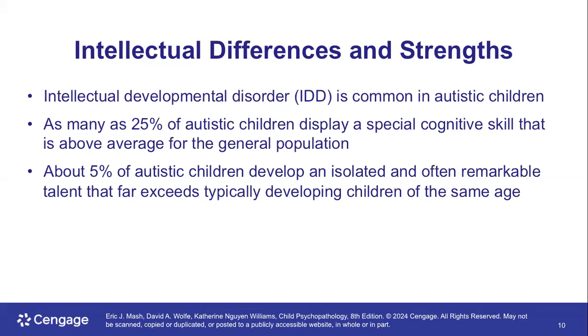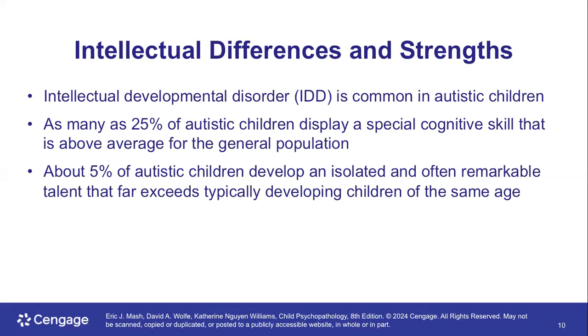So another thing we see is that there are differences in intelligence, and a diagnosis of an intellectual developmental disorder is fairly common. Now, we said that when diagnosing a child with autism, we have to be careful that it's not better explained by an intellectual disability. That doesn't mean that you couldn't have both diagnoses.